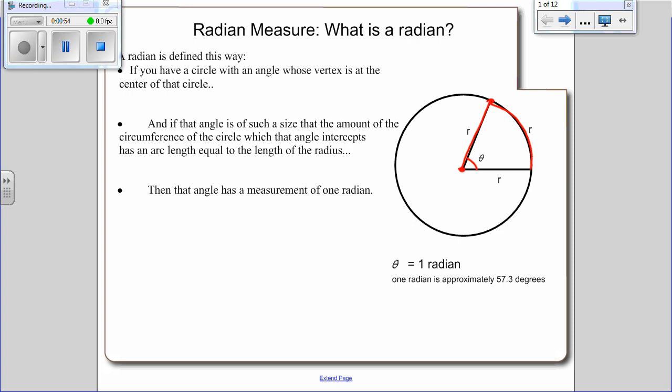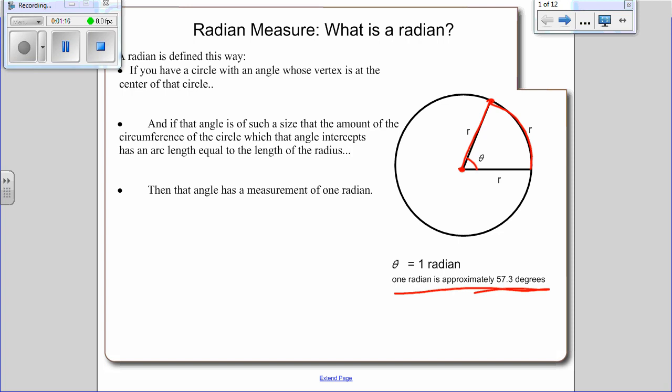You're not going to have to know the definition of a radian, but sometimes people just like to know what it is that creates a radian. So that's how we measure it. It's an angle that creates a length that's the exact same as the arc length. And they even told you down here that 1 radian is approximately 57.3 degrees. You don't need to know that at all.